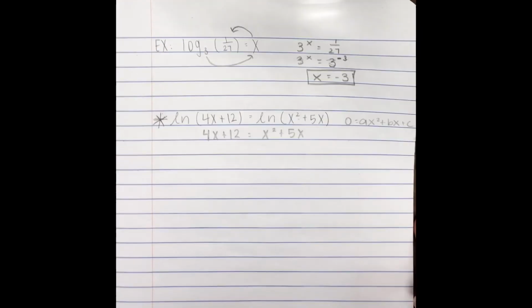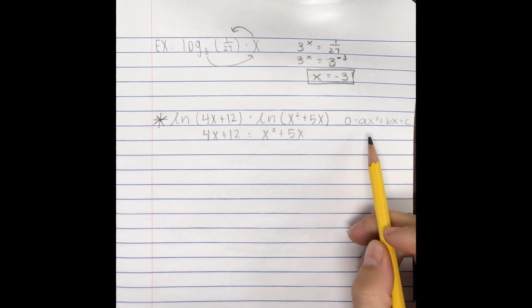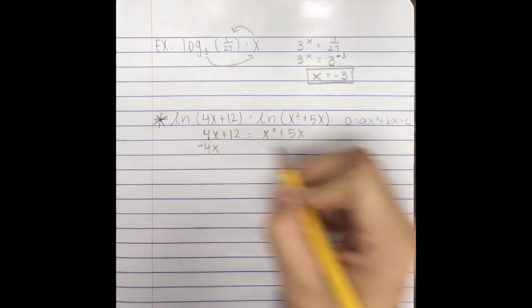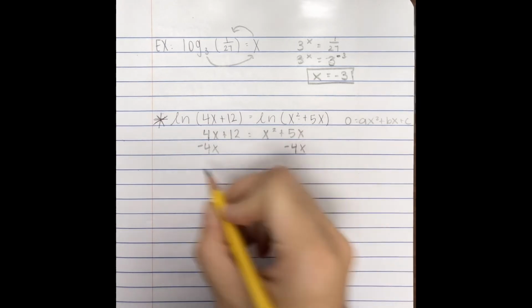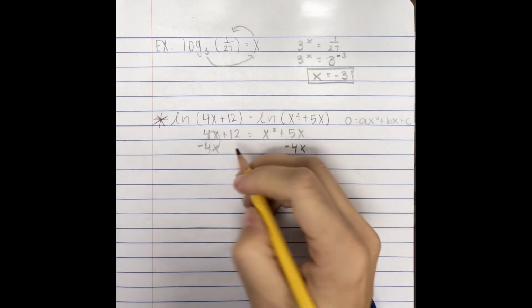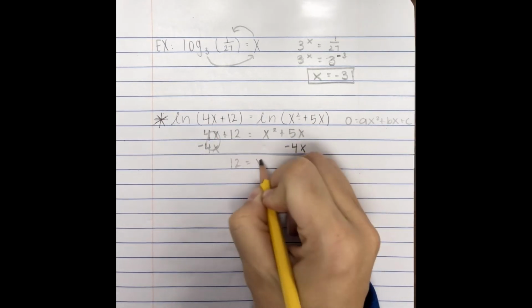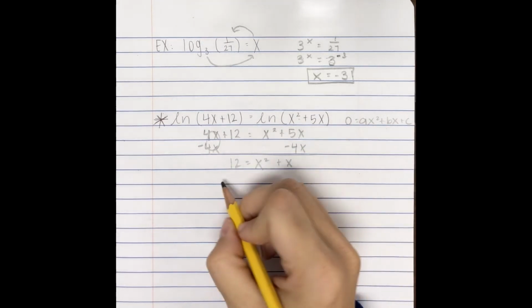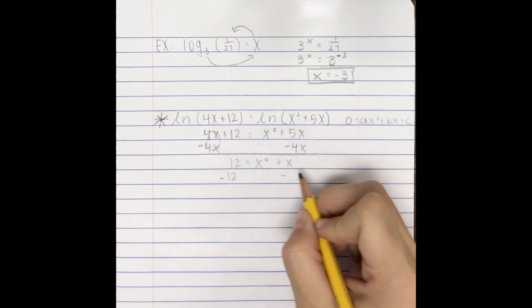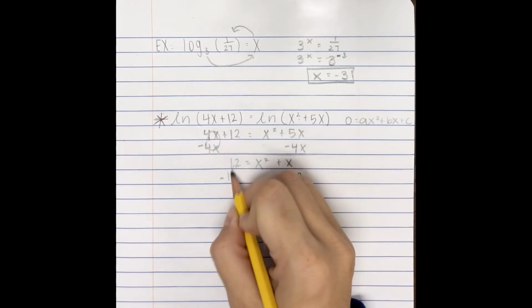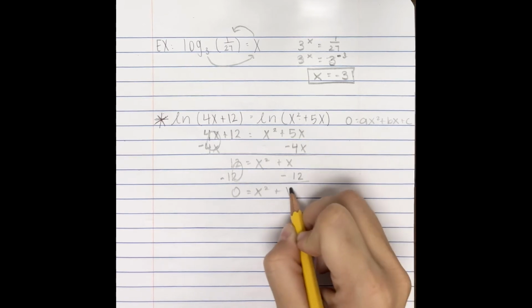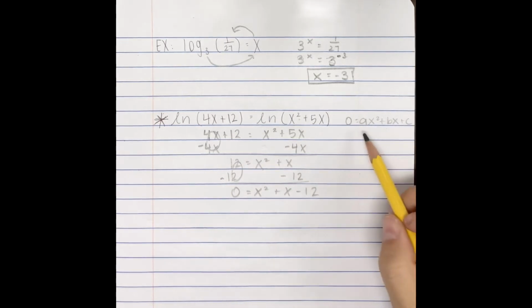Okay, that's what we want to happen. So I'm going to do a minus 4x on both sides. So I'm left with 12 equals x squared plus x. Now I'm going to do minus 12 on both sides. So now I have 0 equals x squared plus x minus 12, which is what I wanted.